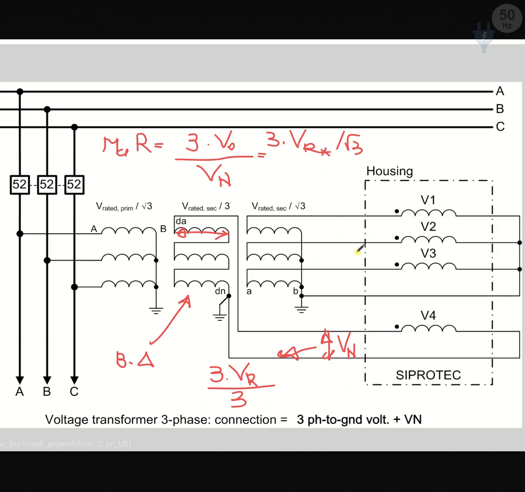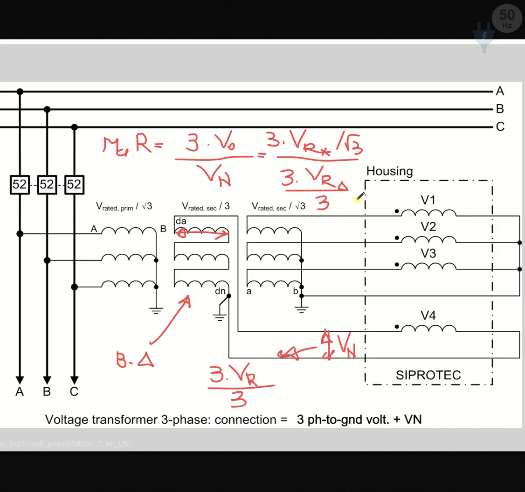We previously discussed that V0 here becomes equal to the voltage of each of the phases, and the voltage of each phase is V rated of that transformer secondary winding that we call star, VR star, divided by root 3. And overall Vn, we calculated that Vn is 3 VR in delta. It means whatever the rated voltage on the secondary side of the delta connected transformer is, divided by 3.